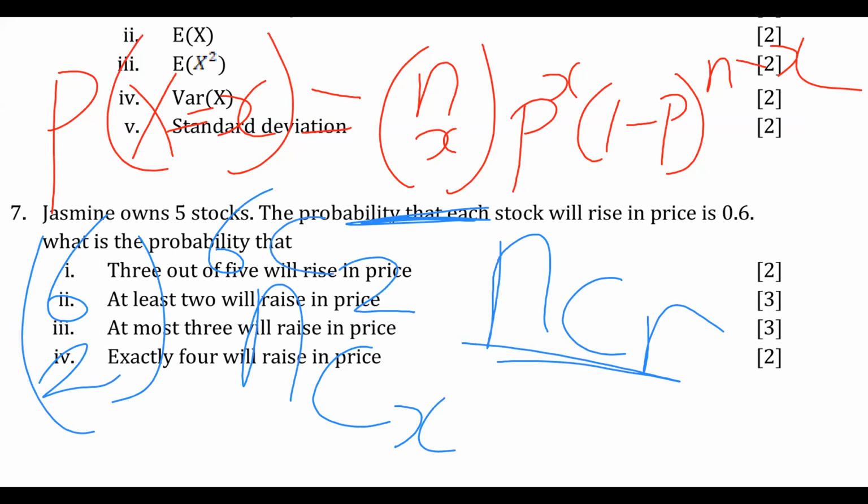Can you try it? What is the 6 combinations of 2? So I press 6, second function, then I press the button that has nCr.